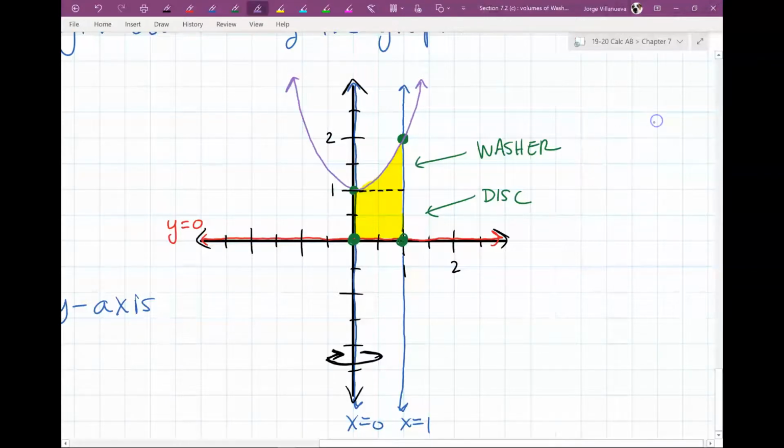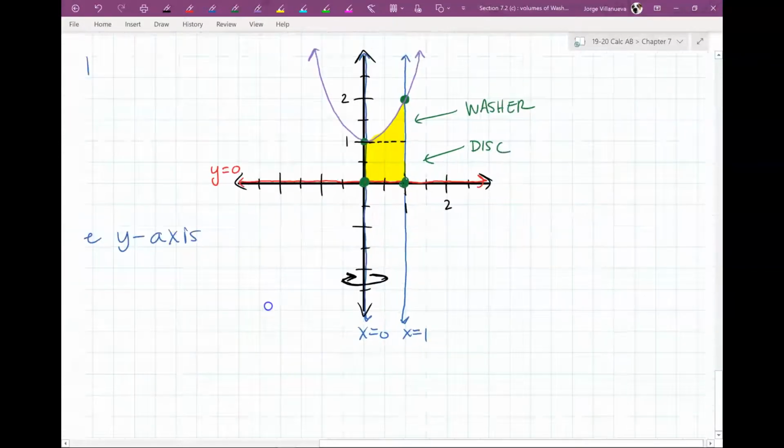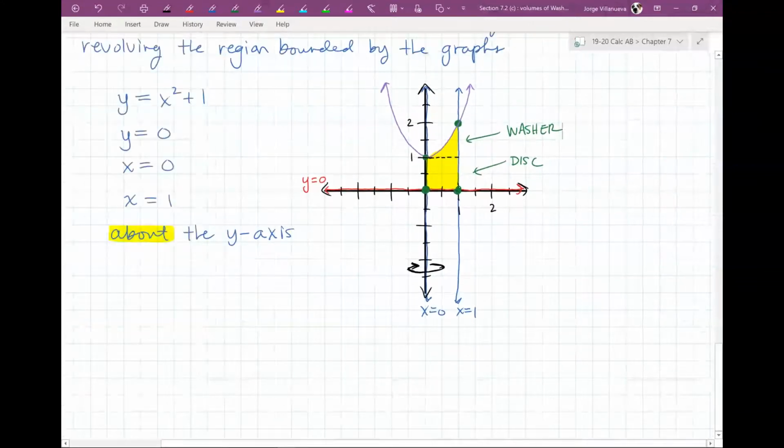Let's do the disc formula first, and then we're going to add it to the washer formula second. So the disc formula here. Volume is equal to pi times the integral from 0 to 1 of the right side function of that disc, which is 1, and the left side function, which is 0, and we're going to square it.